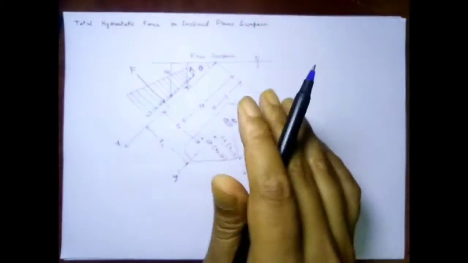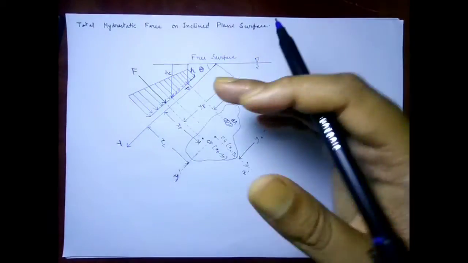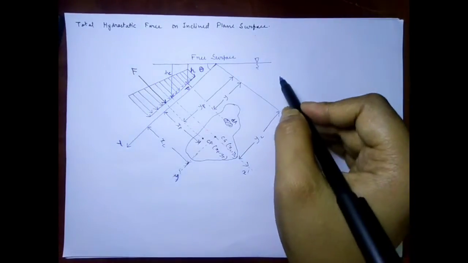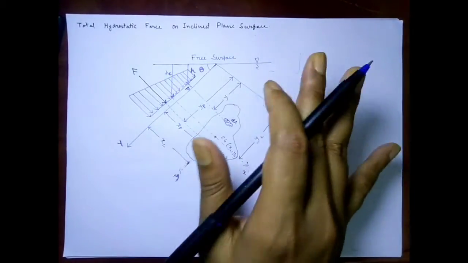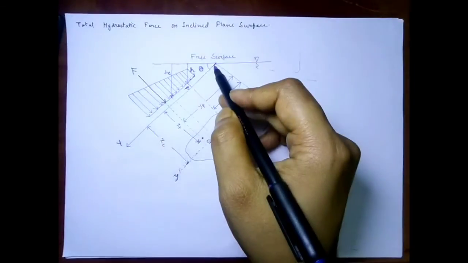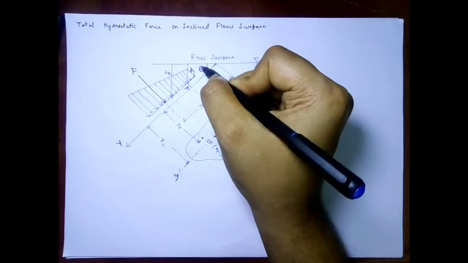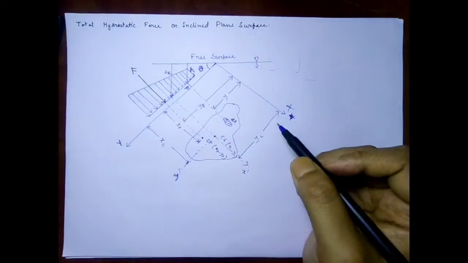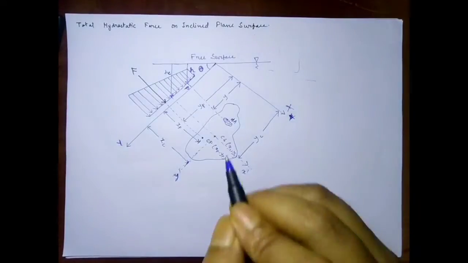So we can consider that its axis is also inclined. This axis, which should have been perpendicular, is actually inclined with some angle, and that is theta. Suppose theta is the angle of inclination.